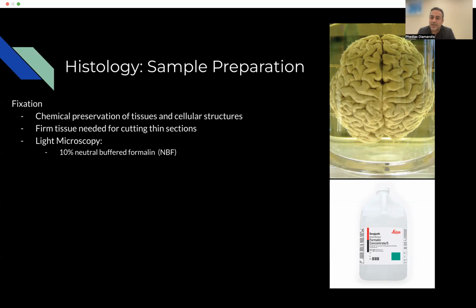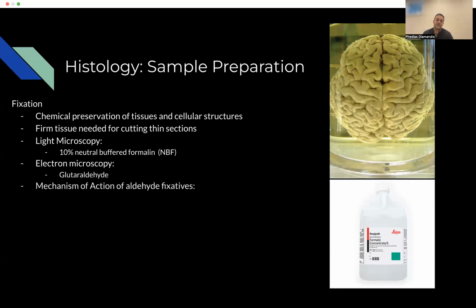which is important to note, in the other preparation steps, that this is mostly an aqueous solution for this specific step. Electron microscopy, again, not something we're going to go into a lot of detail on, but the similarity is that fixation uses another kind of aldehyde, glutaraldehyde. So it's important to understand the mechanism of action of aldehyde fixatives, which we'll talk about in the next slide.